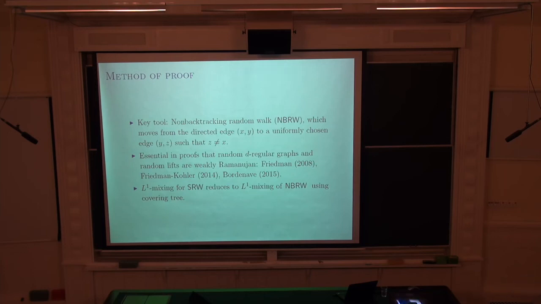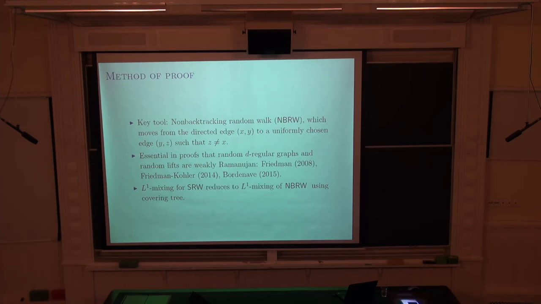Now, if I run simple random walk on a tree for some time t, the resulting node will be at some distance that I can estimate. The distance will be (d minus 2)/d times t. And given the distance, it will be uniform over the level at that distance, just by symmetry.